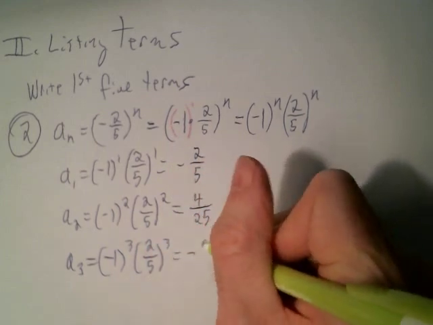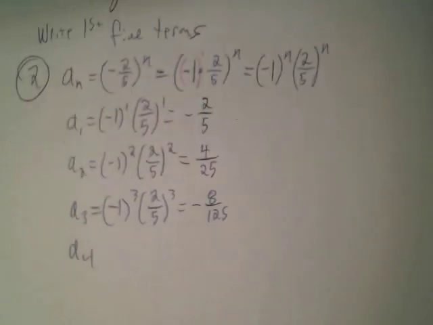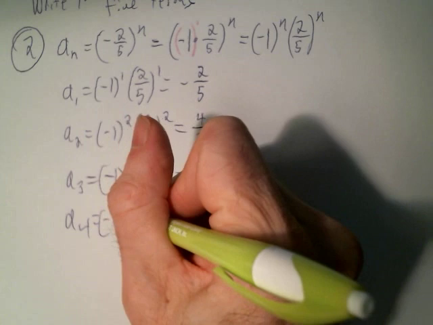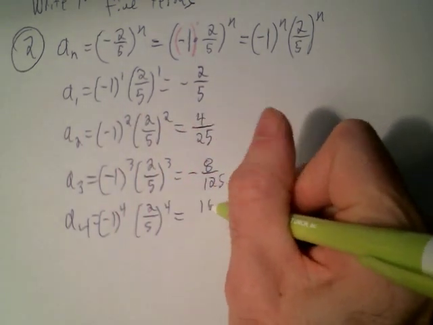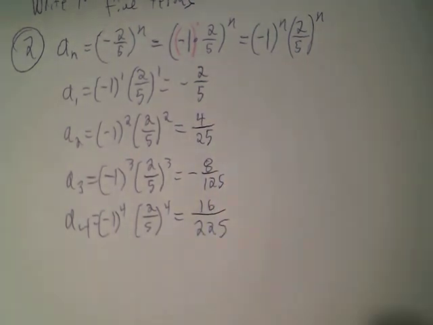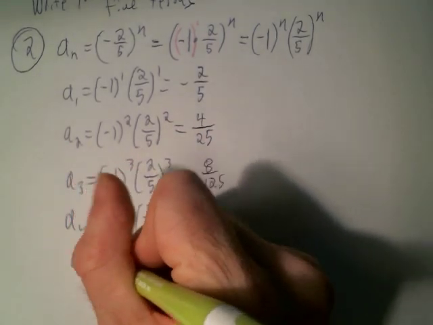This one's negative. This one's positive. And then finally, the fifth one is negative.